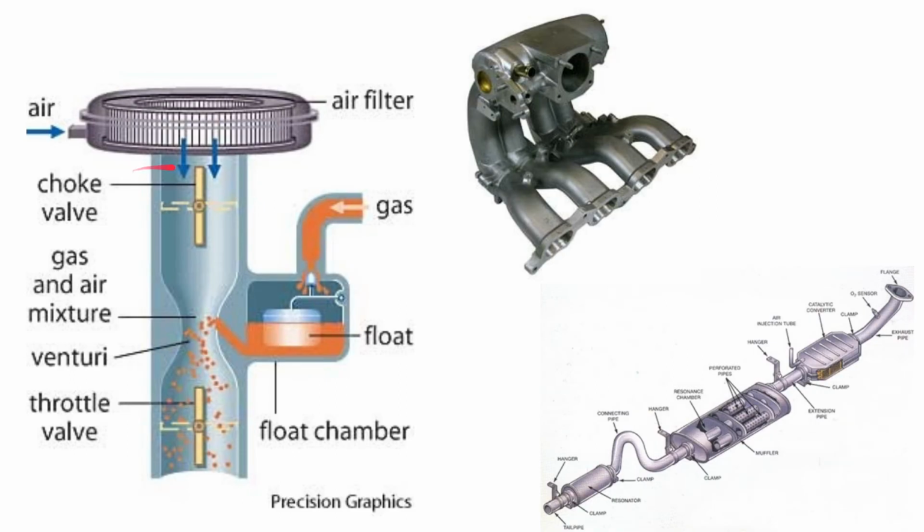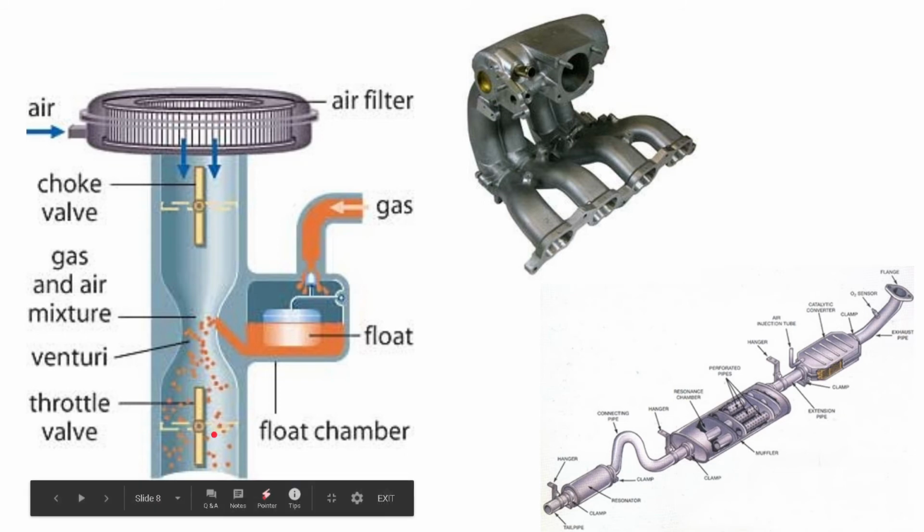So it sucks the air, and we have made an arrangement so that depending on the mass flow rate of air, the fuel rises upside, and at the correct air fuel ratio it will rise and get mixed with the air. So henceforth the air fuel mixture passes to the intake.